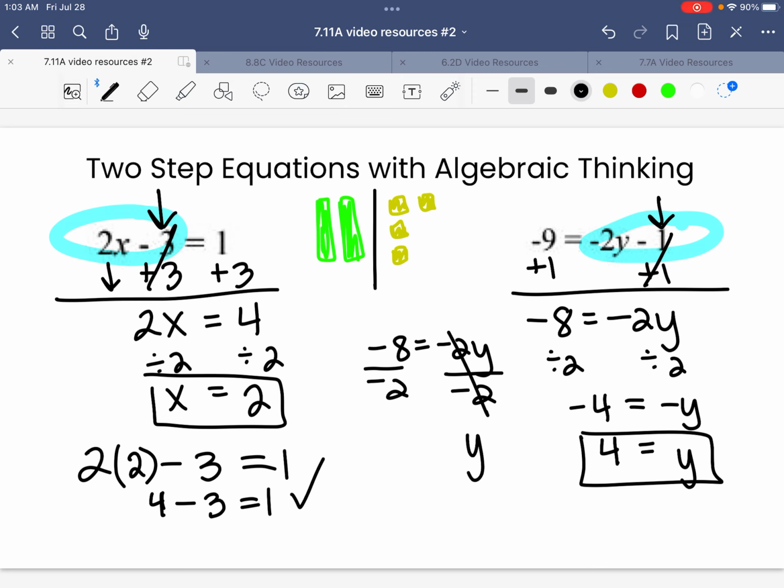So I'm left with only 1y. And -8 divided by a -2 was a +4. So again, we still arrived at the same answer. We just eliminated that step of having to find the opposite because we divided both sides by -2 all at one time. All right, thank you.